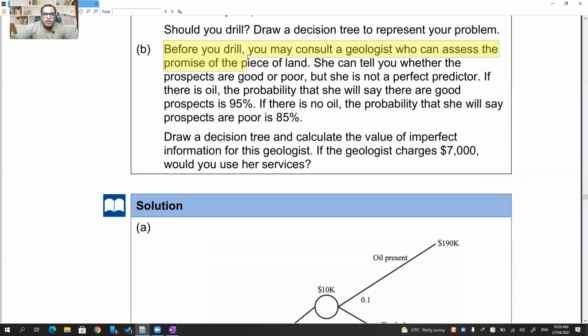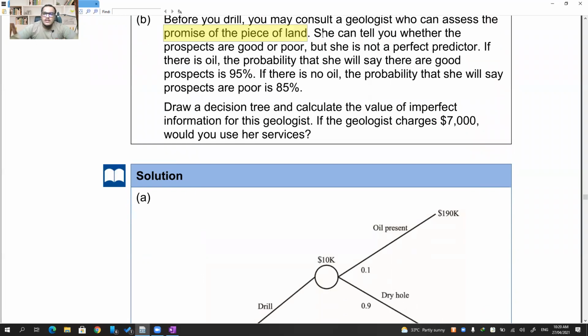Next one. Before you drill, you may consult a geologist who can assess the promise of the piece of land. Okay, promise of the piece of land means how promising it is, whether you'll find oil or not. She can tell you whether the prospects are good or poor, but she is not a perfect predictor. If there is oil, the probability that she will say there are good prospects is 95%.